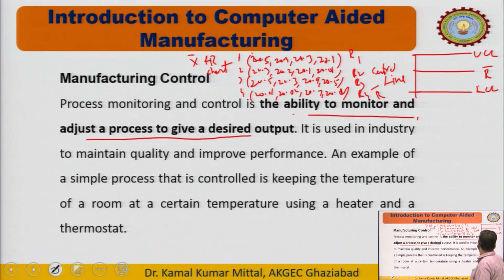Now for sample 1, what is the range? Suppose this point lies here. For sample 2, now this is the upper control limit, that is UCL is equal to D4 R bar, and again LCL is equal to D3 R bar.